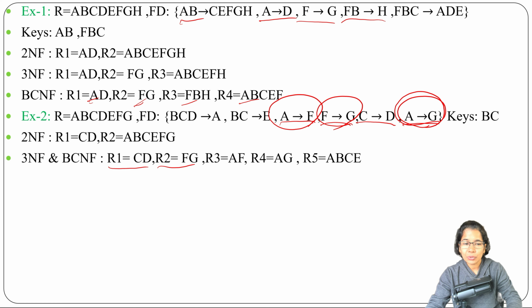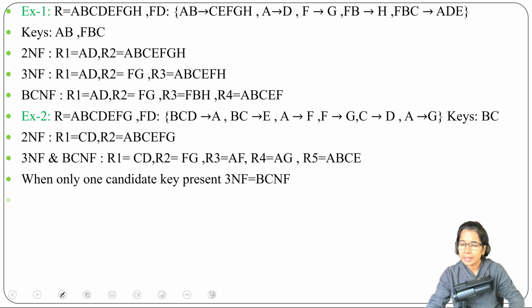And this is also BCNF, because when there is just one candidate key, 3NF equals BCNF. You can see in R1 C is the key, R2 F is the key, R3 A is the key, R4 A is the key, R5 AB is the key. So in every relation there is a key, and every relation comes from a functional dependency where the left side is the super key.